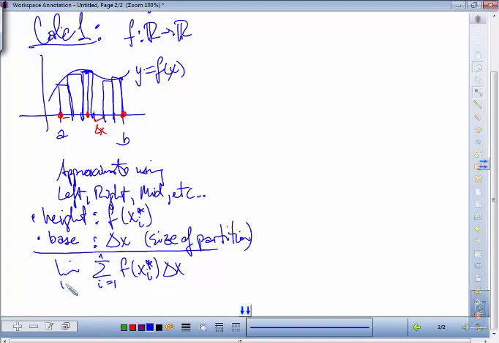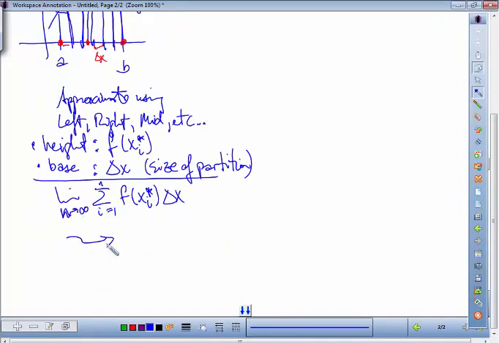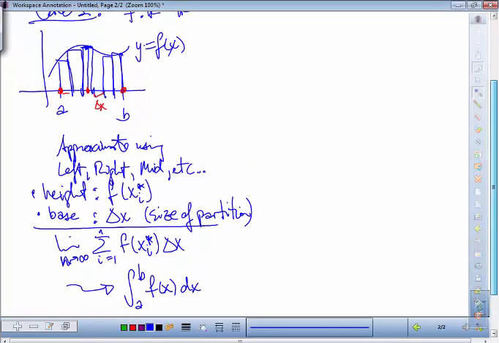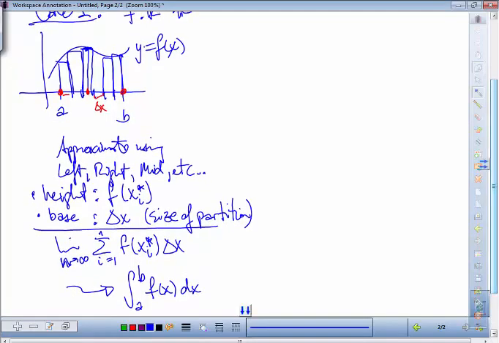So we take the limit as n approaches infinity, and then that's how we get our integral. The Riemann sum. So that's the rundown of what we did back in Calc 1.